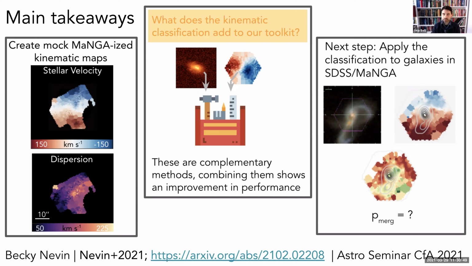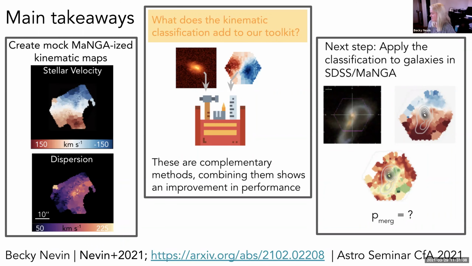Other questions? Well, I do have a follow-up question to that, which is that particularly when thinking about the gas kinematics, it would be very interesting to apply this technique and all this formalism to high redshift observations.